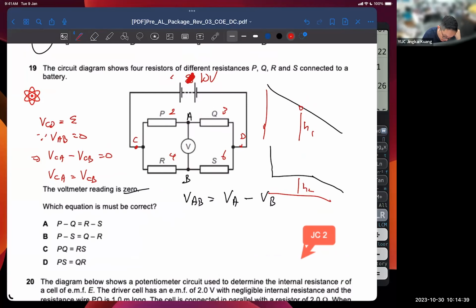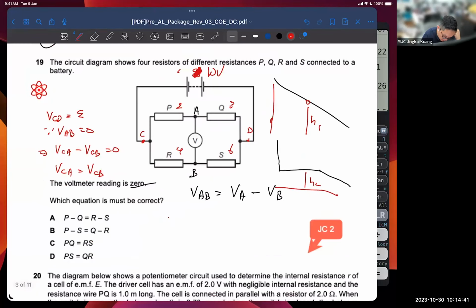They have the same ratio. So I can say that P over Q is equal to R over S, for them to have the same drop in potential. If I cross multiply, PS equals QR. So the answer is D.